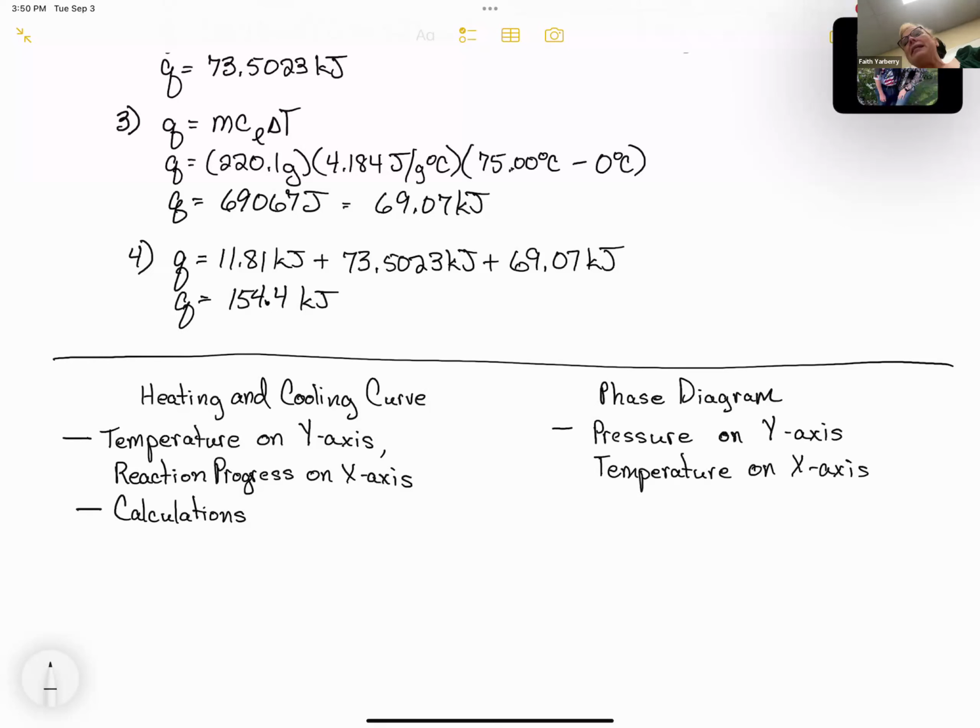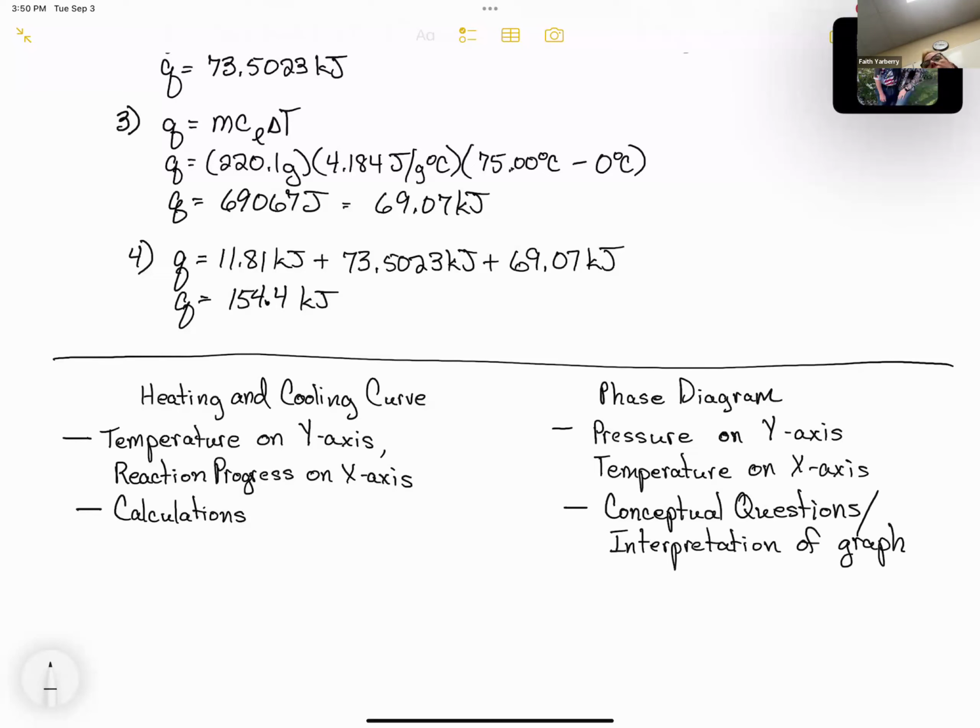For purposes of the exam, the phase diagram will be conceptual questions, and basically with those conceptual questions, it will require interpretation of the graph. So that is the difference.